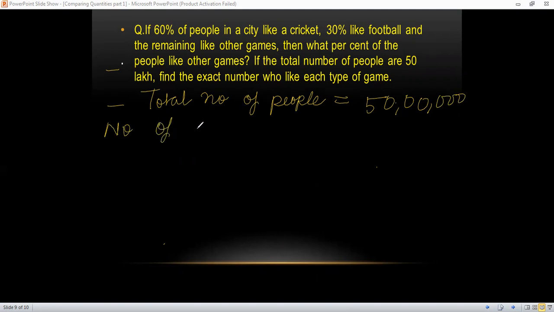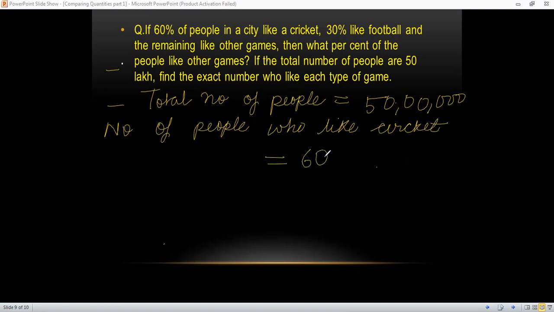The number of people who like cricket: the percent of people is given, that is 60%.